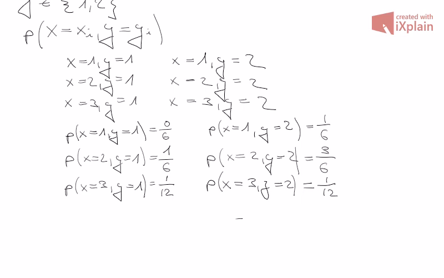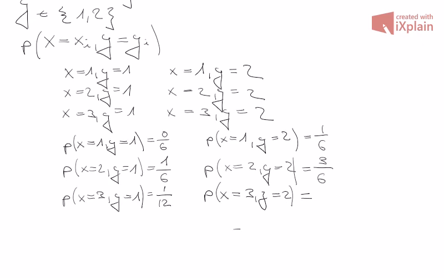There was nothing in these numbers, with the 3 and the 1, that led me to 1 over 12. And just to annoy you, I can also say, whatever, let's say this is 0 and this is 1 over 12 now. I still distributed the probability mass of 1 over these 6 cases.